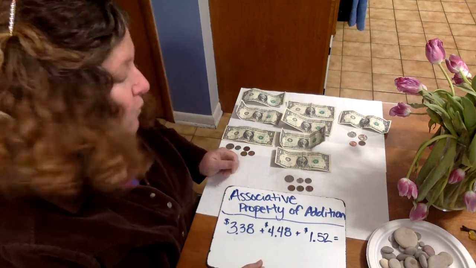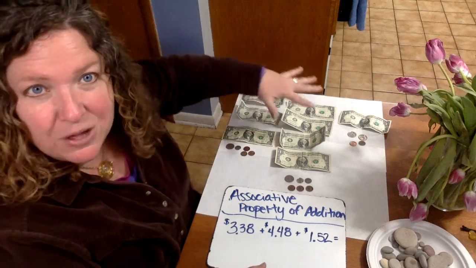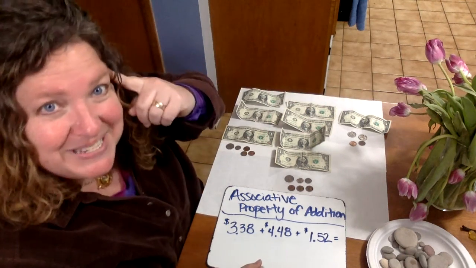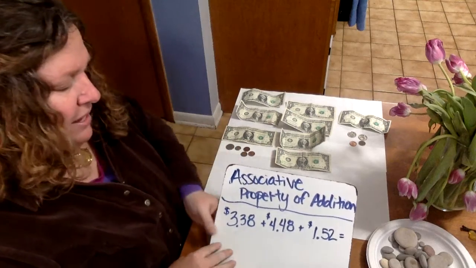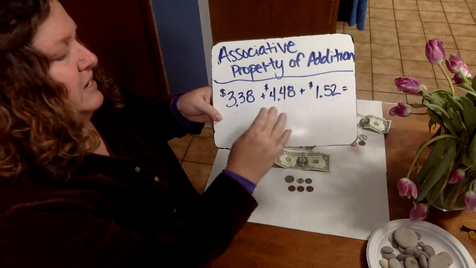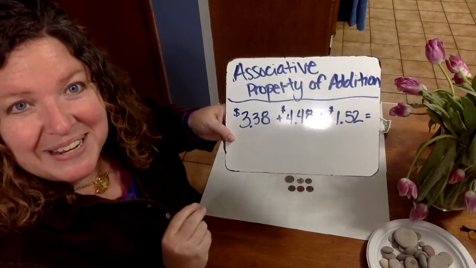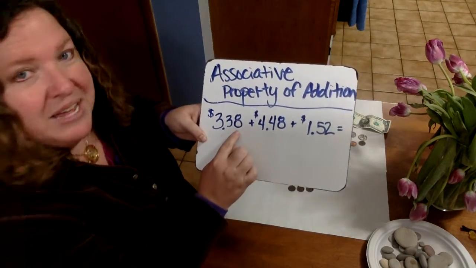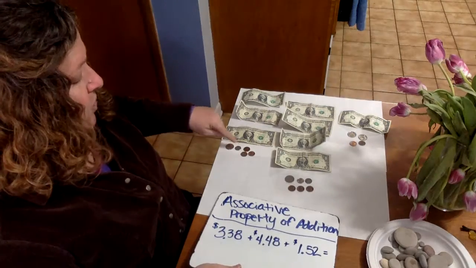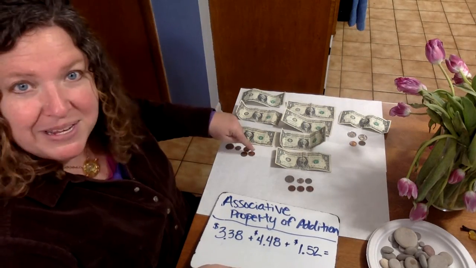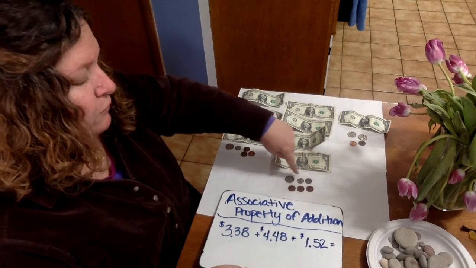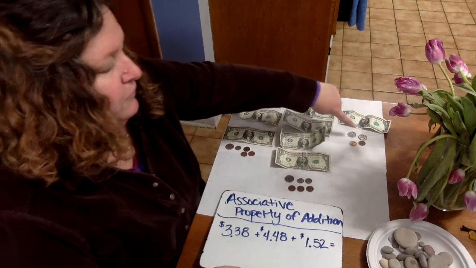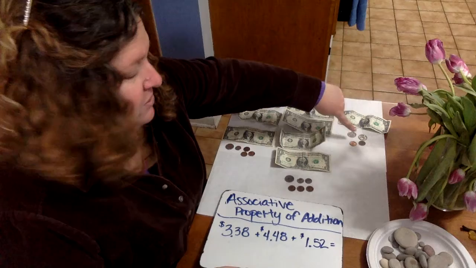But what if we didn't have all the money laid out, so it wasn't quite so easy to see that choice? You might see it in your mind. You might go, oh, okay, well, I know it's $3 and $4 and $1. Why would I put all those together and get $8? Then you might think of 38 as 1 quarter, 1 dime, and 3 pennies. You might think of 48 as 1 quarter, 2 dimes, and 3 pennies, and 52 as 2 quarters and 2 pennies.